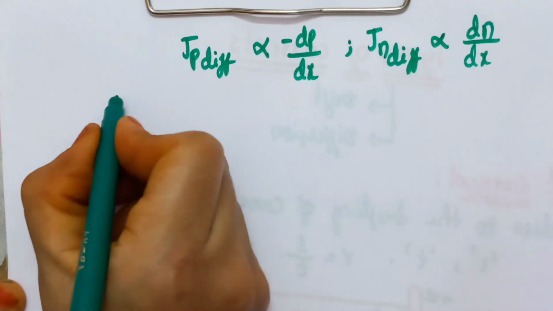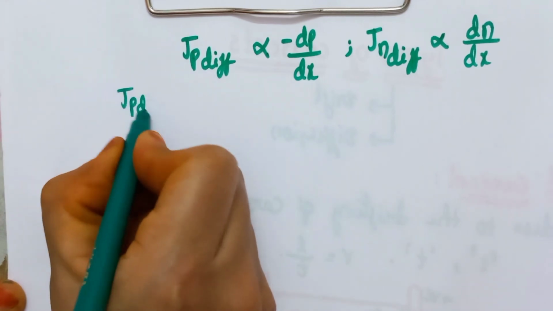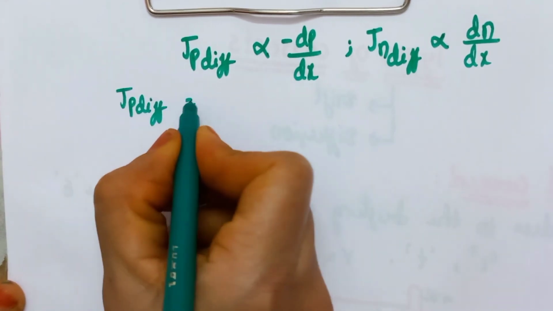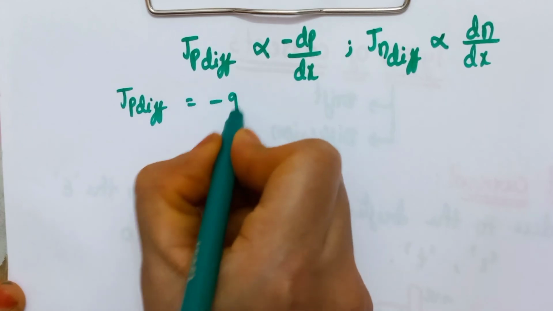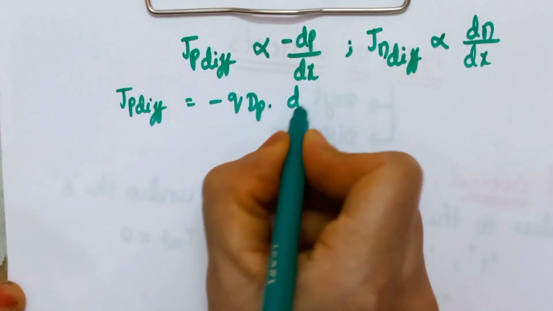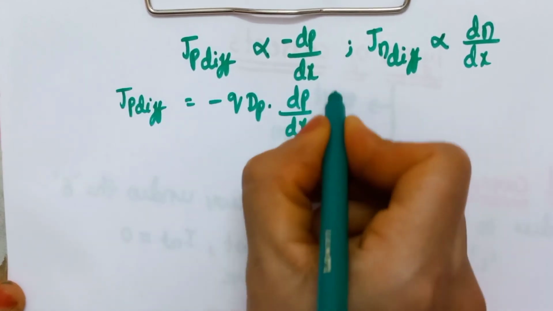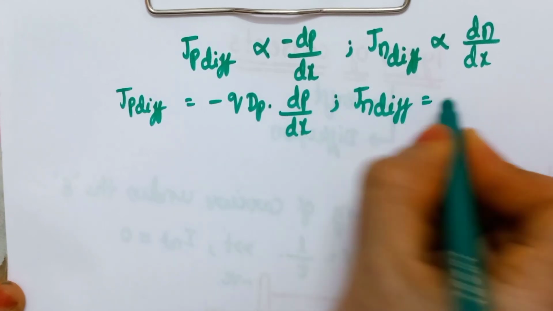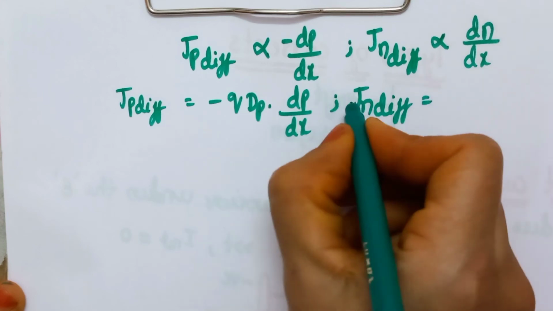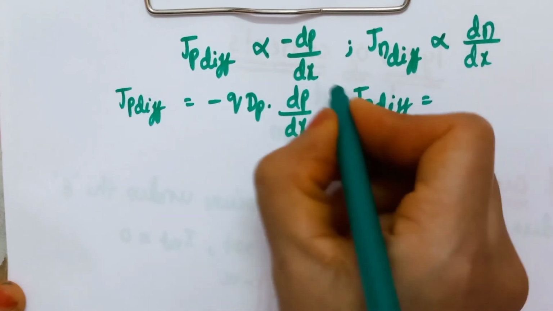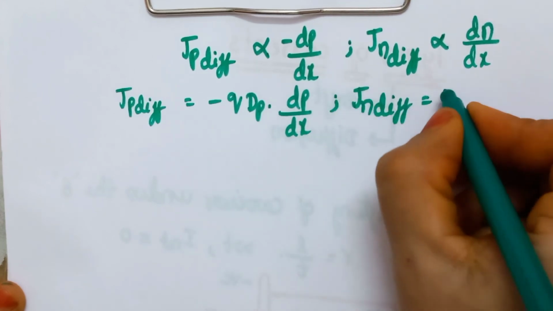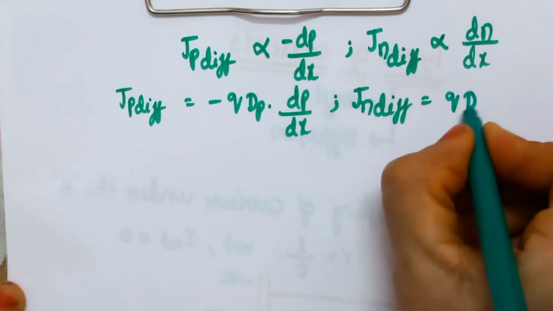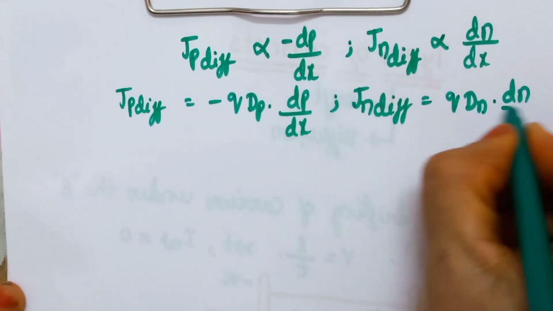If we remove the proportionality constant, we get the expression for J_p diffusion as minus q D_p into dp by dx. Similarly, the current density due to electrons is given by J_n diffusion equal to q D_n into dn by dx.